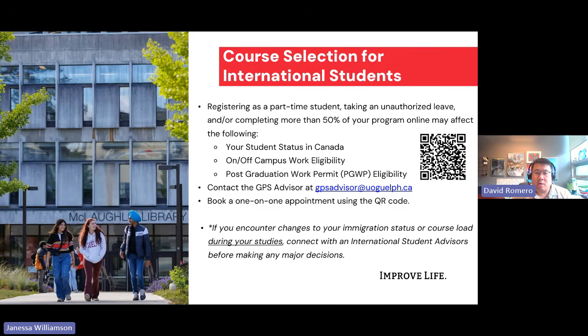So make sure that you're contacting your GPS advisor, and you can schedule an appointment with them, and also check with us to make sure that the academic requirements of your degree are not being adversely impacted.